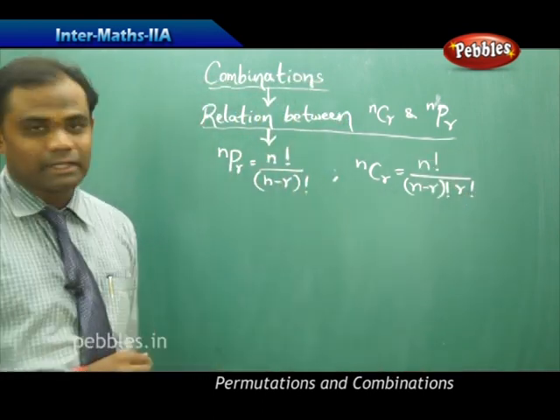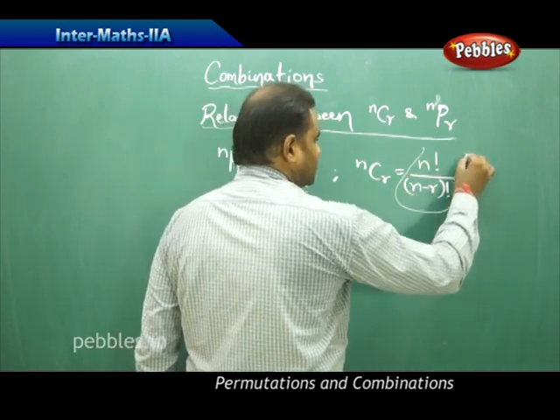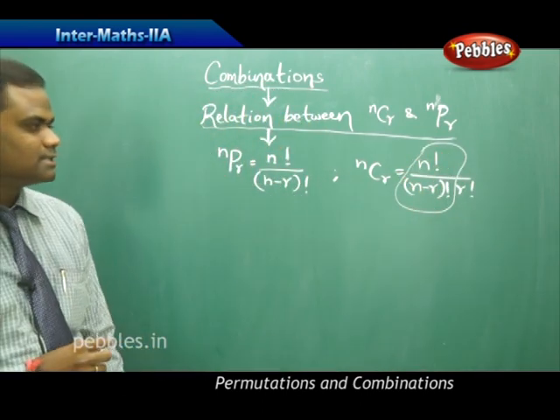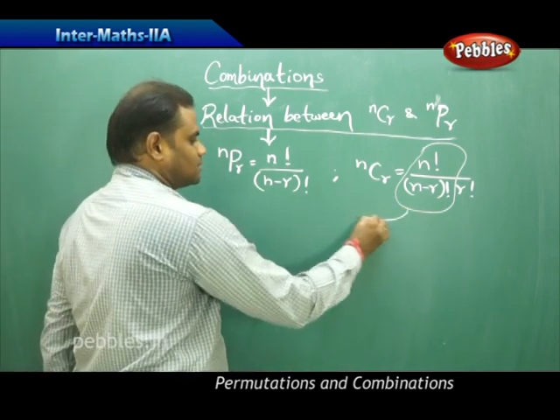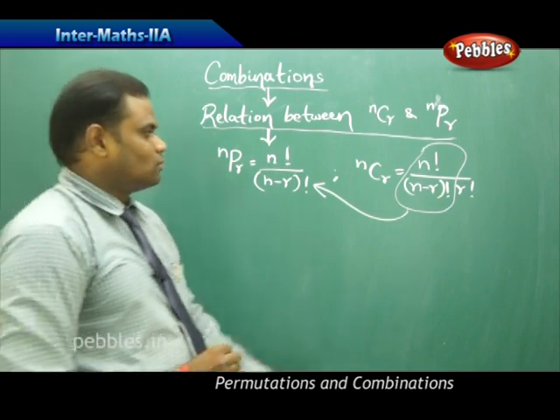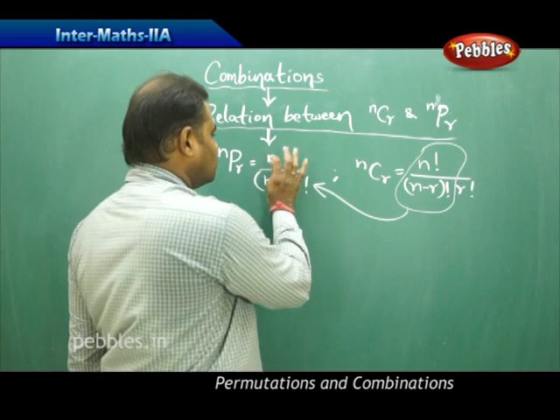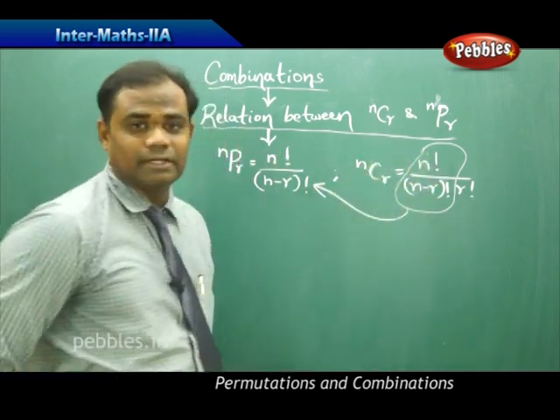So these two formulae clearly make me understand that there is nPr in nCr. As I clearly see, this is nothing but the nPr which I see on the left side. So we definitely have a relation between nCr and nPr when this whole is substituted in nCr.